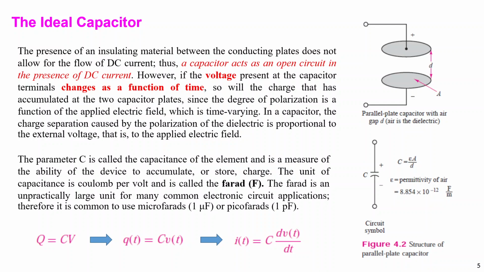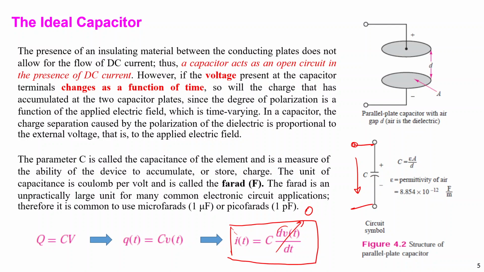Okay, for an ideal capacitor, the capacitor will respond to the circuit by this equation. The current flowing through the capacitor corresponds to the change of voltage. If the voltage changes, the current is there. If the voltage across the capacitor is constant, there is no current flow.